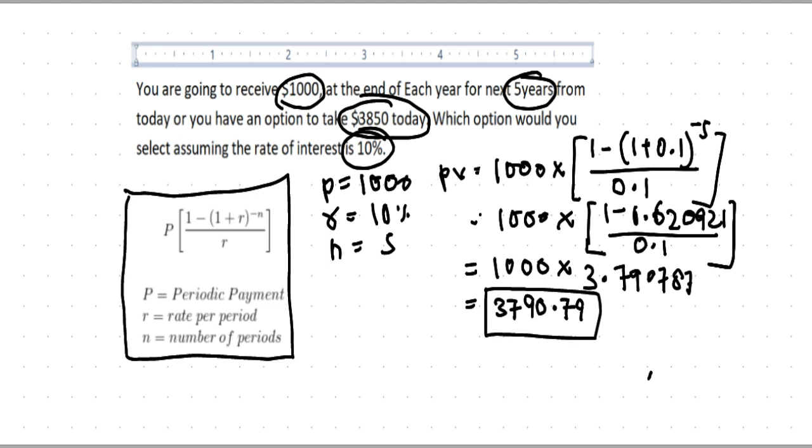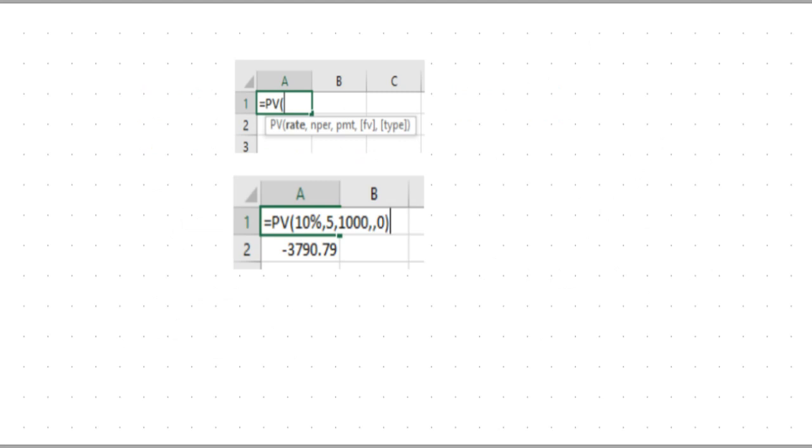You can also calculate the present value of this annuity using Microsoft Excel, where the function you have to use is PV, that is the present value. You have to give the rate 10%, NPER, that is the number of periods, PMT, FV (future value), and the type, whether the annuity is at the beginning of the period or at the end of the period.